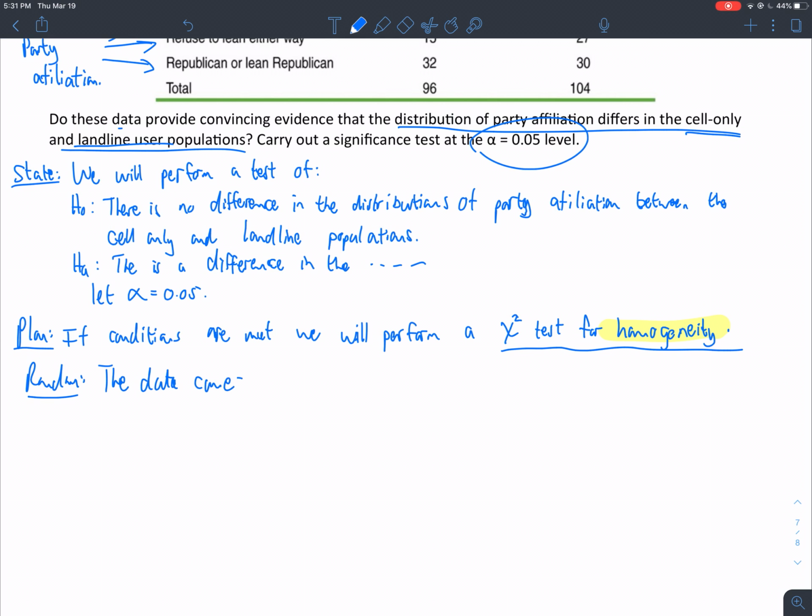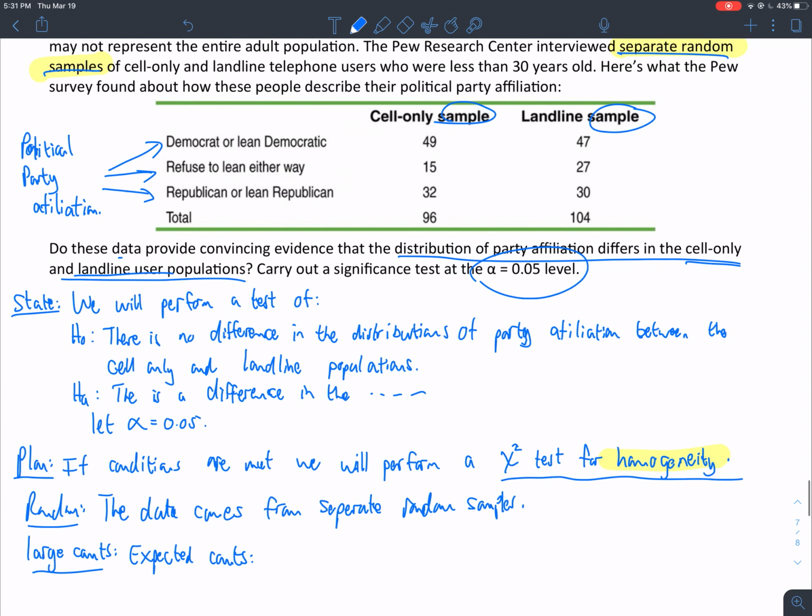And then large counts, and remember, large counts refers to expected counts. And you have to go into your calculator and do the hypothesis test. Do the chi-square test on your calculator.